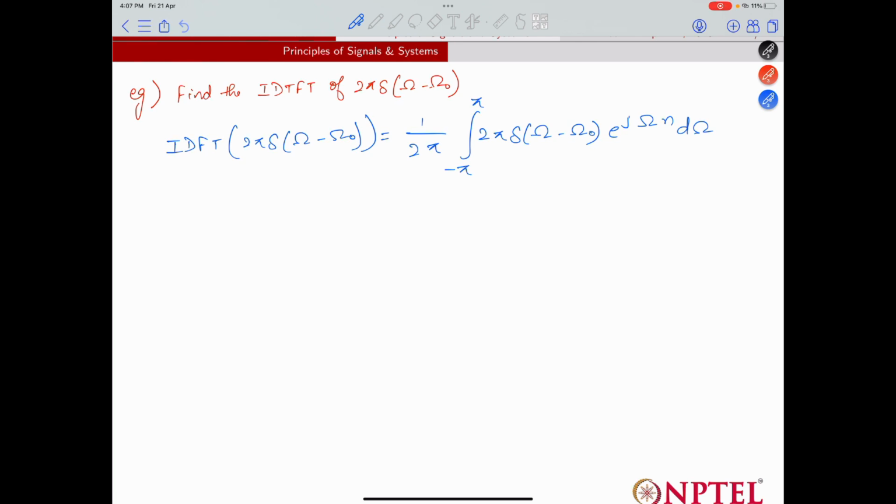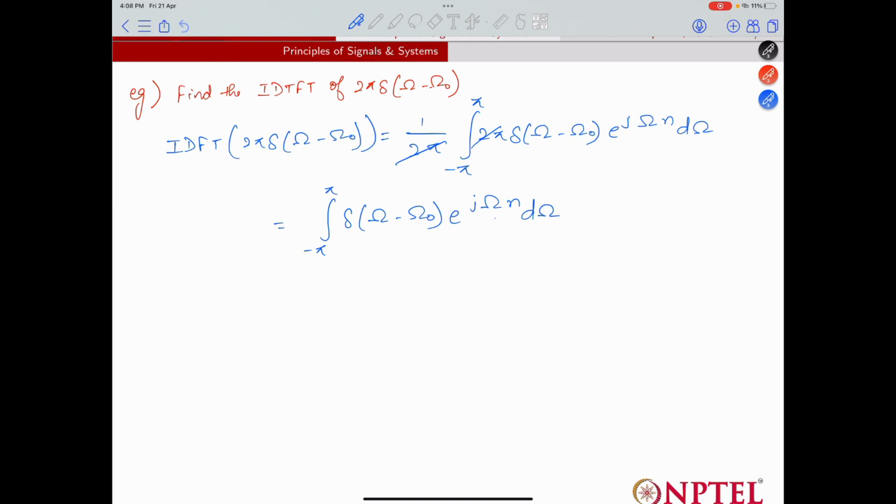After that this 2 pi and 2 pi will get cancelled, so our integration will become minus pi to pi of delta of omega minus omega naught e to the power of j omega n d omega. Now we know that only when omega is equal to omega naught will this integration become 1.